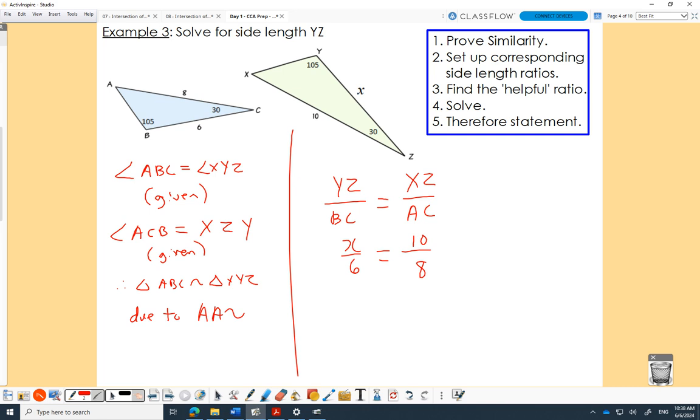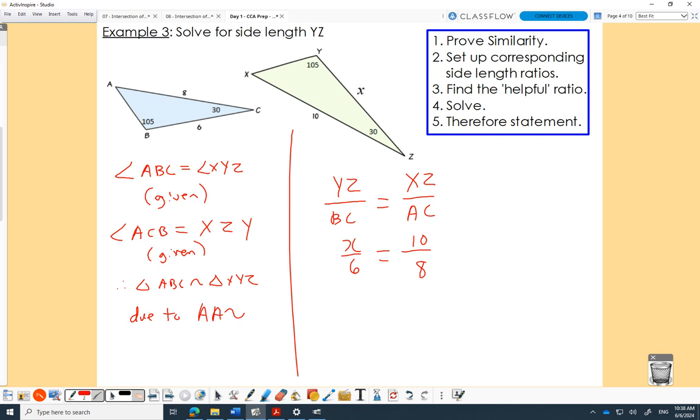I just filled in the sides right from the triangles. XZ was 10, AC was 8, X was YZ, and BC was 6. Now what? Cross multiply. Some of you are skipping through. If the unknown's in the top, you're like, I don't have to cross multiply. Some of you are like, hey, let's take the thinking out of it.